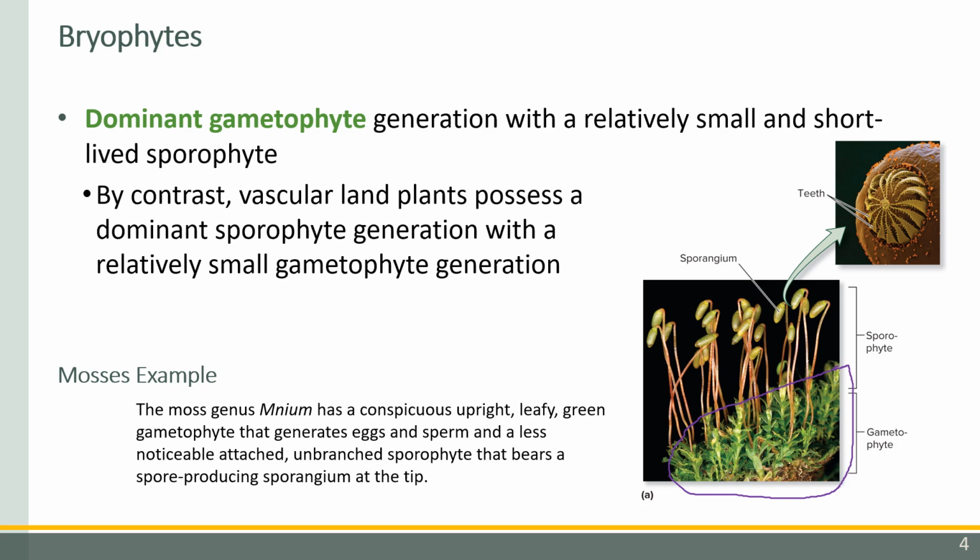The gametophyte, remember, is the structure that is going to produce the gamete. Up on top, we have the sporophyte. This is growing out of the gametophyte. And within that sporophyte is the sporangia. So that's this structure here, this kind of rounded, droplet-shaped structure on the top. That sporangium is going to produce the spores.